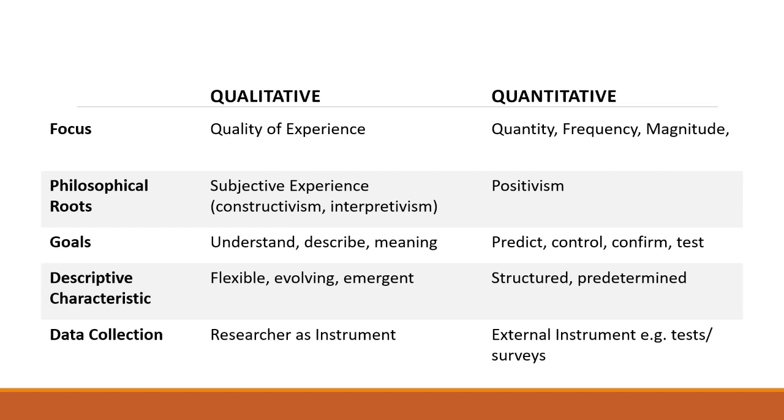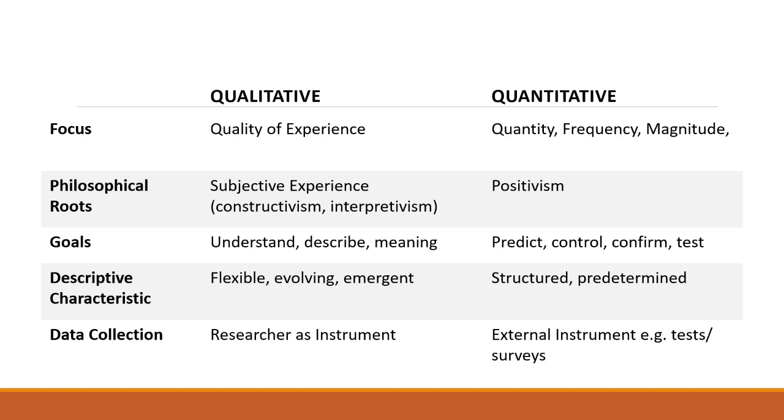Right? And then with descriptive characteristics of these paradigms is that with qualitative, it's flexible, it's evolving, it's emergent, because this is engagement. It's about constructing reality. So as you're busy with the research, as you're busy with the engagement with the people that you are conducting your research alongside, there is flexibility, right?